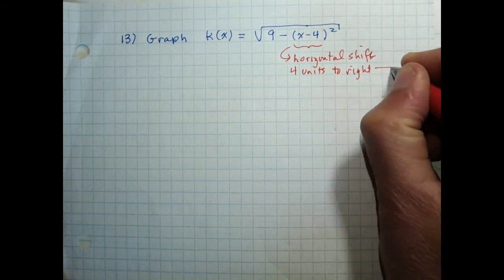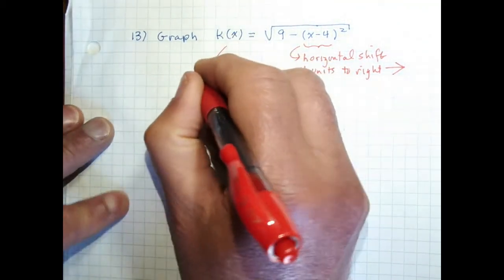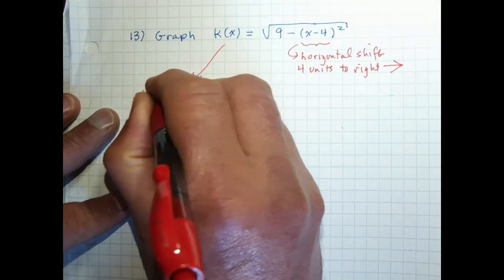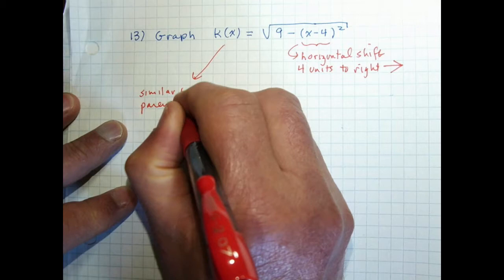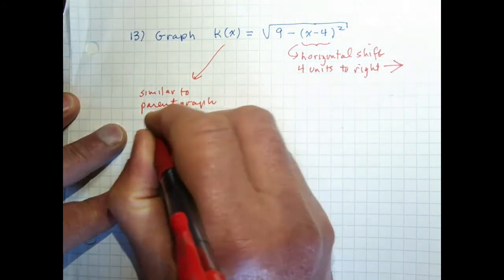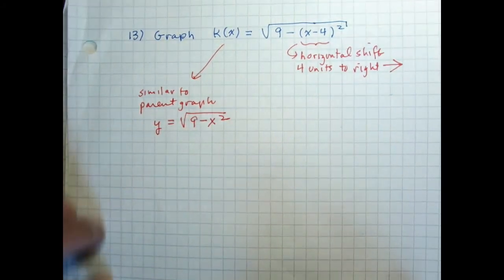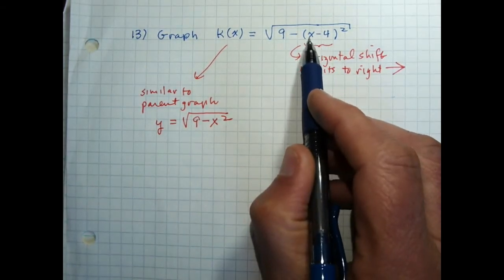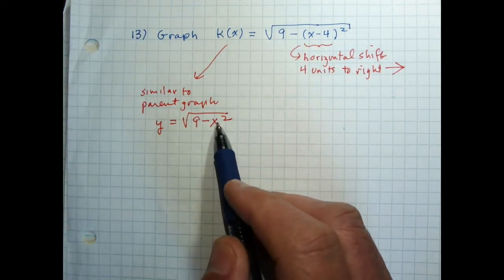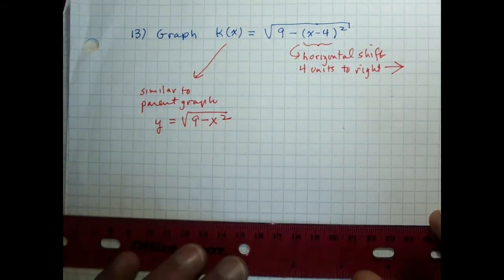Because a minus sign means we're going to the right. This is similar to, or maybe I should say the parent graph, which would be y equals the square root of 9 minus x squared. So replacing, instead of writing x minus 4 squared, just writing x squared. This helps me see the parent graph before the horizontal shift.